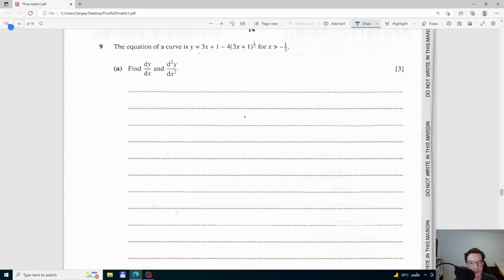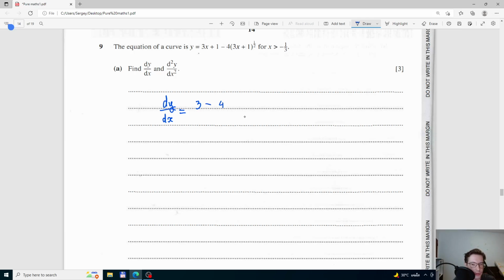Okay, differentiation. dy over dx. Okay, let's start. It's going to be 3. The derivative of any number, which is in this case 1, is 0. So proceed to the next term, minus 4.